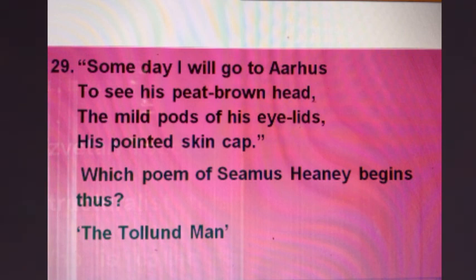Which poem of Seamus Heaney begins thus? Answer: The Tollund Man.